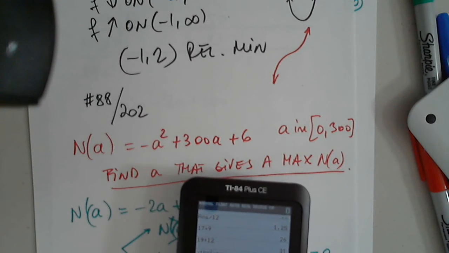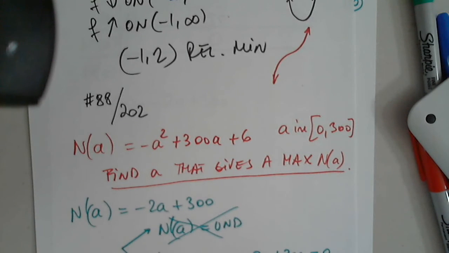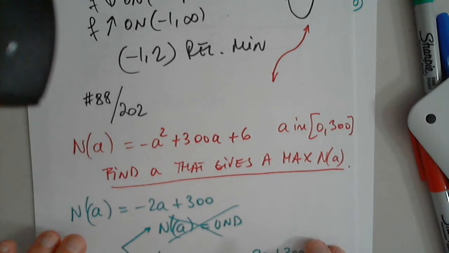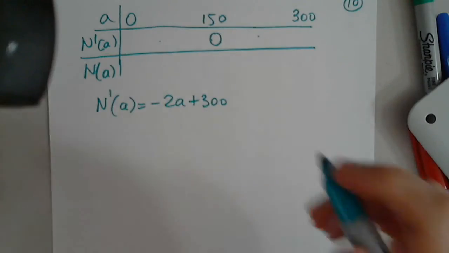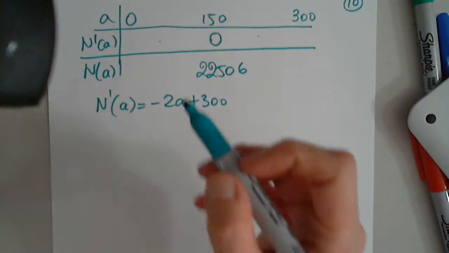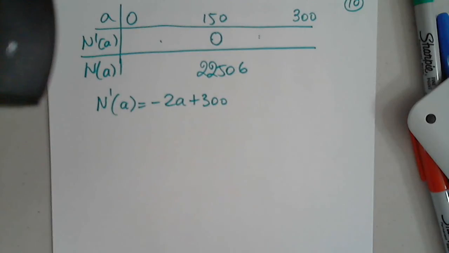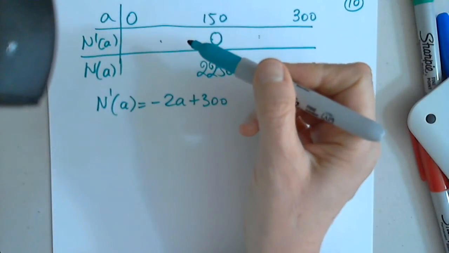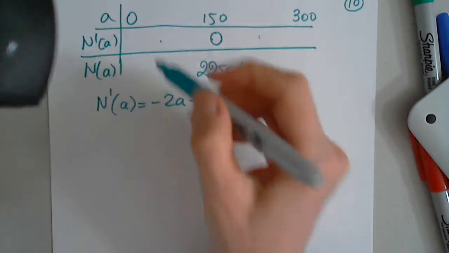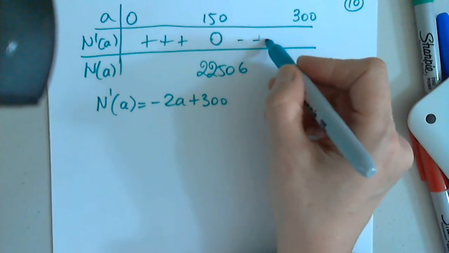Negative 150 squared, that's correct. 300 times 150, yes, plus 6. 22506. Okay? So I need the sign. 0 should be positive, and 300 should be negative. So on this side, when you plug in 0, it's positive. Very good. And when you plug in 300, it has to be negative. Very good.